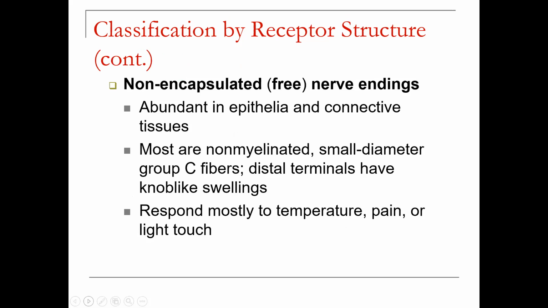So the non-encapsulated, the free nerve endings in the skin, in connective tissue, are simply a little bulb on the end of the dendrite. They respond to temperature, they respond to pain, they respond to light touch. Most of our general senses are going to be free nerve endings.